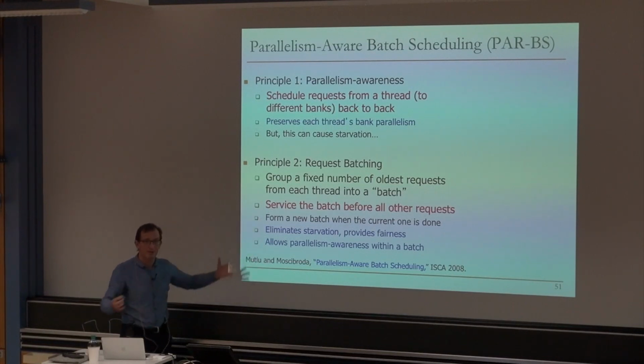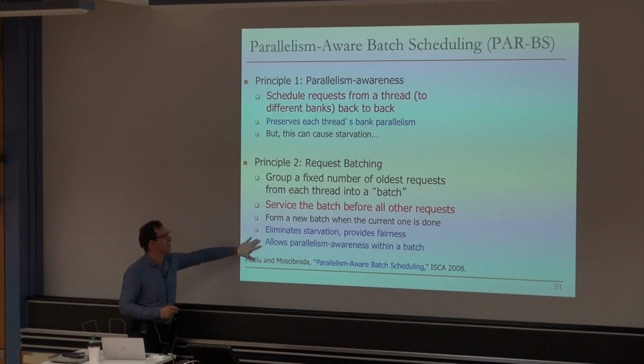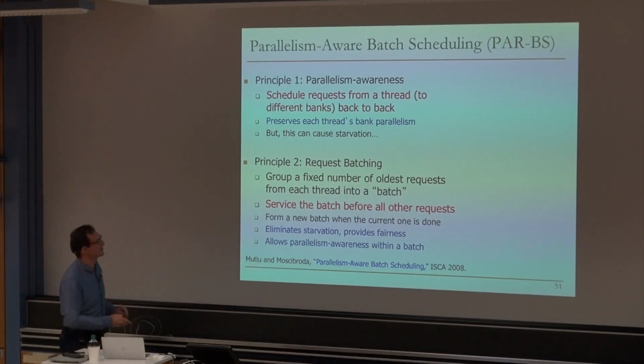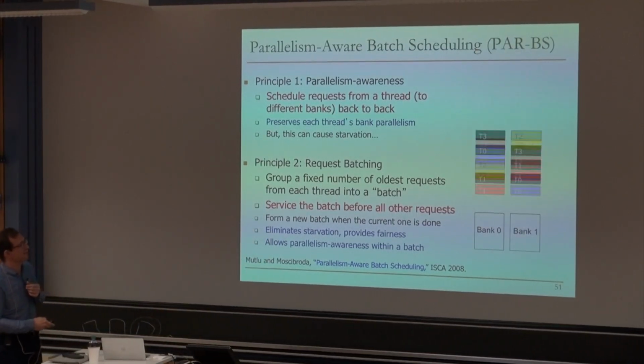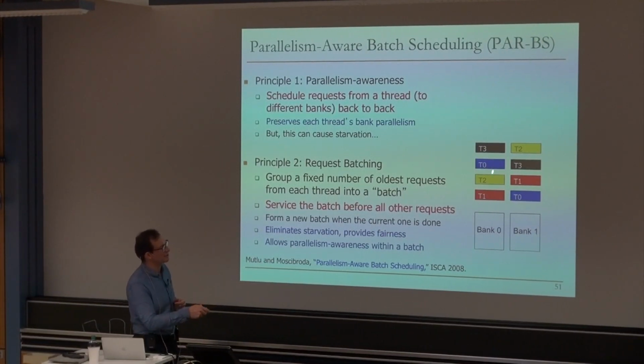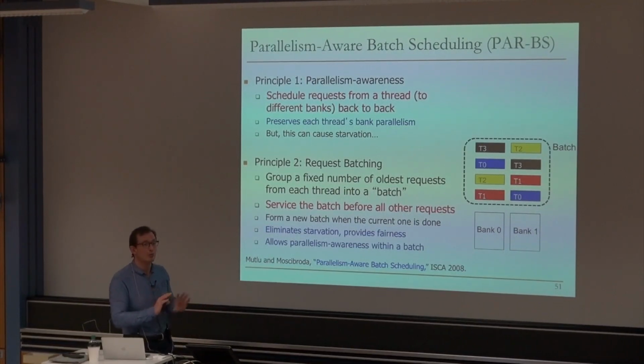And also, now within the batch, you're more flexible. What you can do within the batch is you allow parallelism awareness within the batch. But as you will see, you can do anything inside the batch. So let's take a look at this example. Basically, you have 4 threads. Each of them has 2 requests to 2 different banks. You form a batch somehow. You don't wait to form the batch.